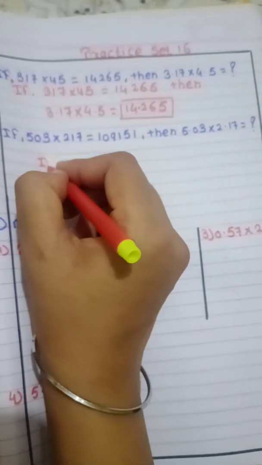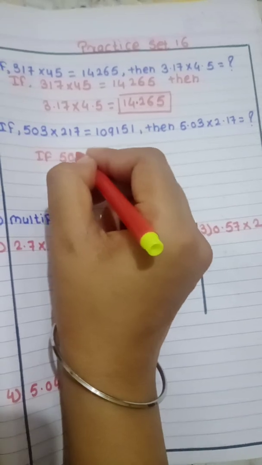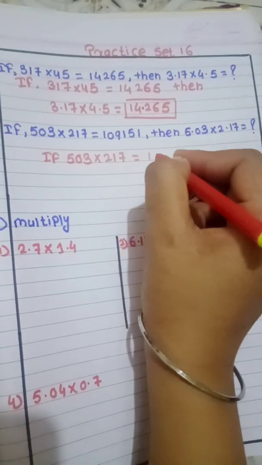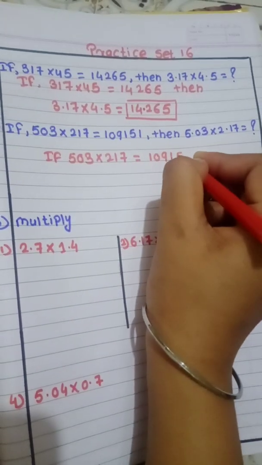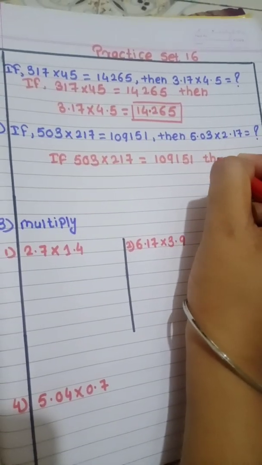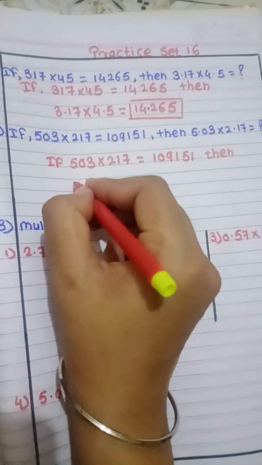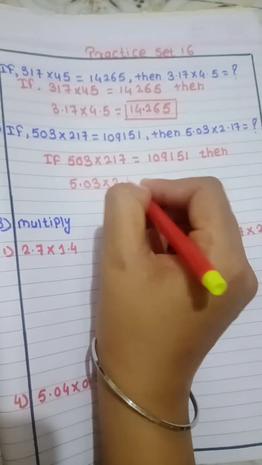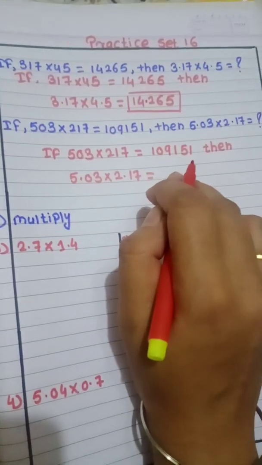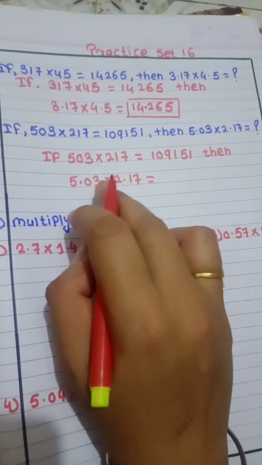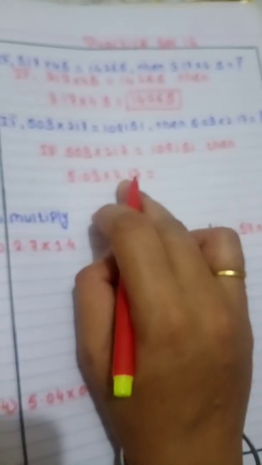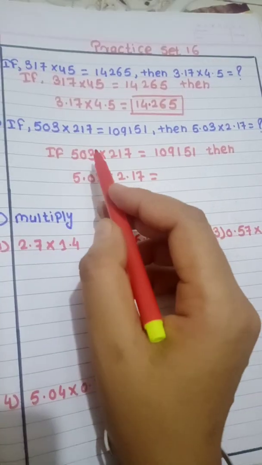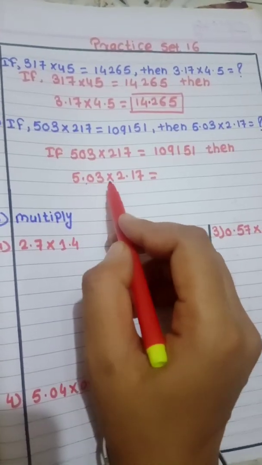Then if 503 multiplied by 217 is equal to 1,09,151, the product here I am getting is the same, because both the numbers are the same. Only they have given the decimal point over here.